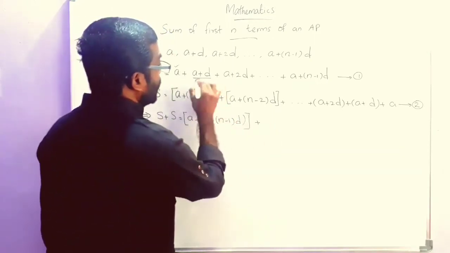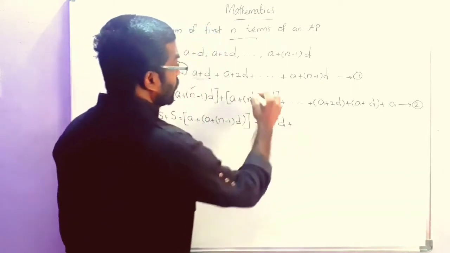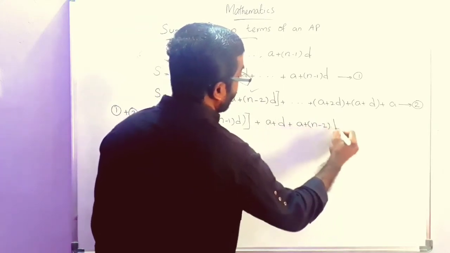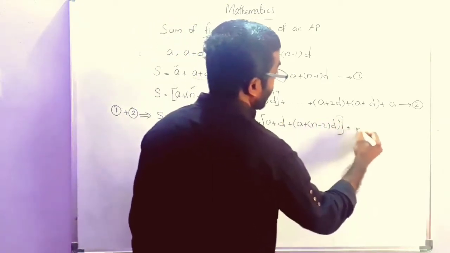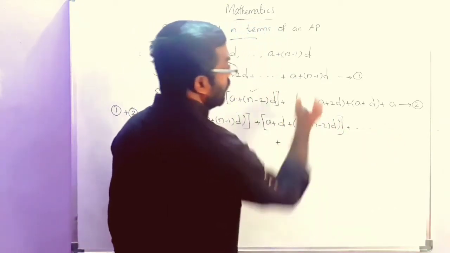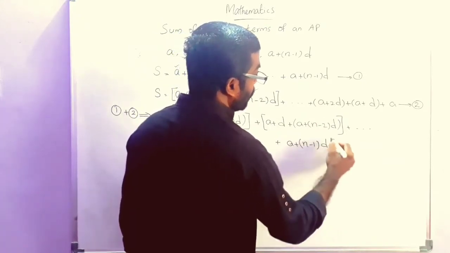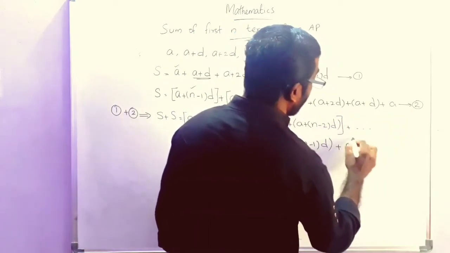Now here the second term is A plus D. So A plus D plus, here the second term is A plus n minus 2 into D. Then plus etc. Plus the last term is A plus n minus 1 into D. And here the last term is A.